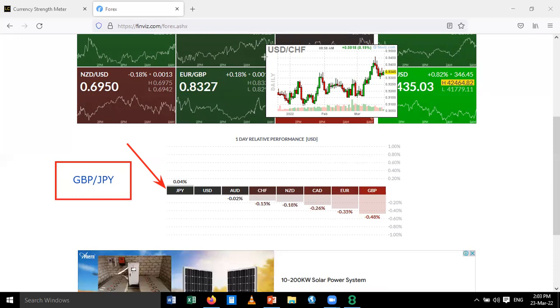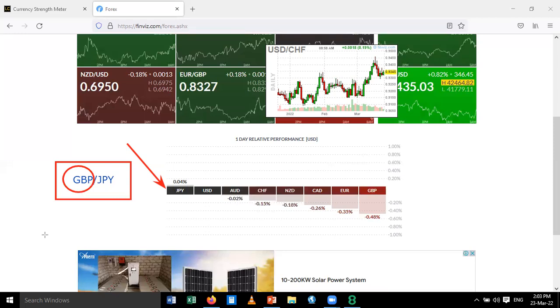I talked about the base currency, which is the currency on the left-hand side. The one on the right-hand side is the quote currency. The currency on the left-hand side is the basis for buying and selling. If the base currency is strong, you consider buying. If it is weak, you consider selling.